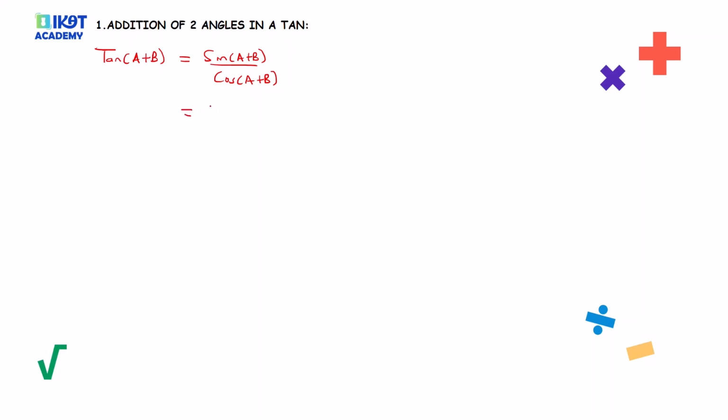We open this, it becomes sin A cos B plus sin B cos A, out of, when you're adding 2 angles in a cosine, cos A cos B minus sin A sin B.